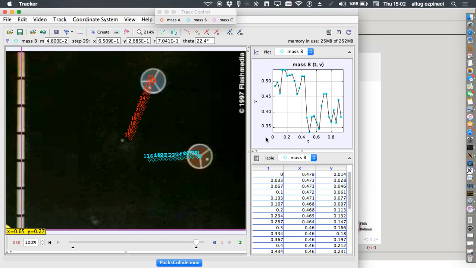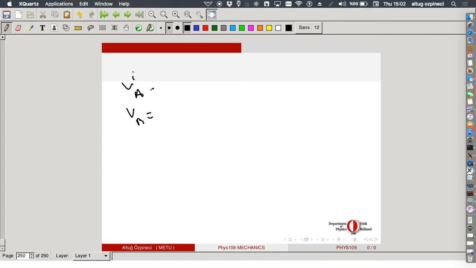So you see, before the collision, of course, the speed has larger error bars. This is where the collision happens. So before the collision, this is where the speed is. It's something like 0.5 plus minus 0.05 meters per second.